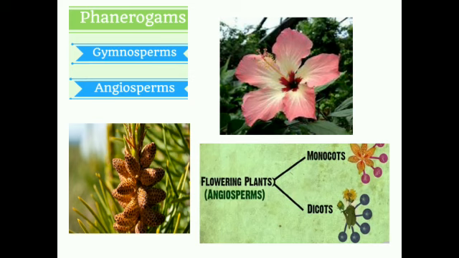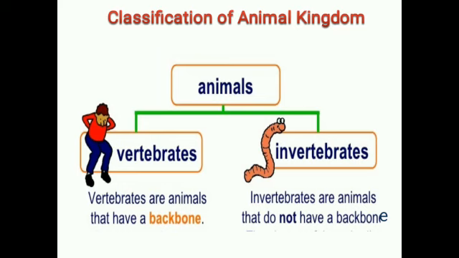Now in your previous class you learned about the classification of the animal kingdom. The animal kingdom is divided into two major groups, vertebrates and invertebrates. Vertebrates are animals that have a backbone, and invertebrates are animals that don't have a backbone. Vertebrates are further divided into five major classes.